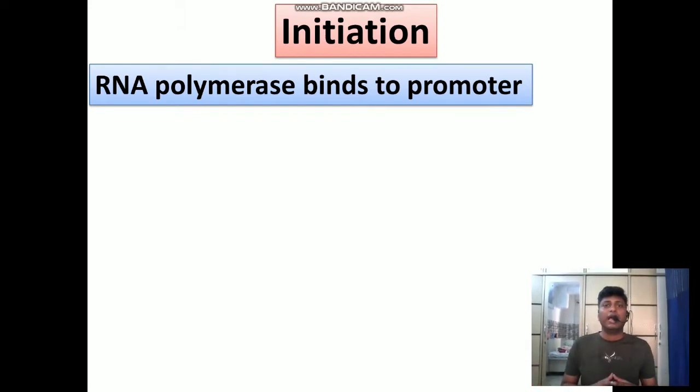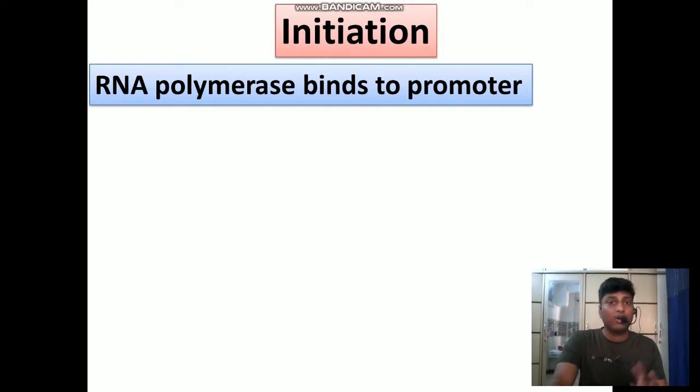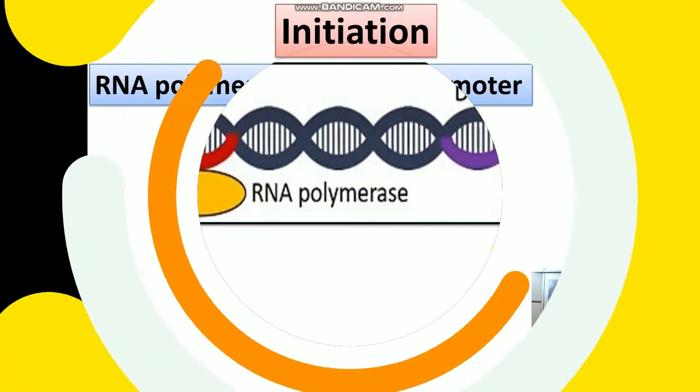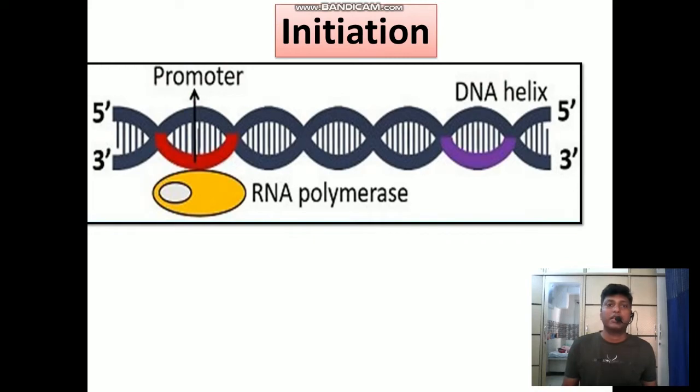As mentioned, in initiation the RNA polymerase binds to the promoter. Now dear students, what is exactly RNA polymerase? RNA polymerase is nothing but an enzyme which is required to form RNA from DNA, right? So there has to be an enzyme which helps in the formation of RNA. Now what is this RNA polymerase going to do in the beginning of transcription?